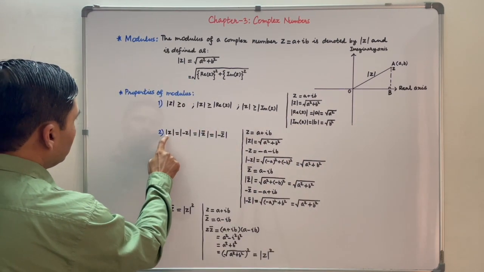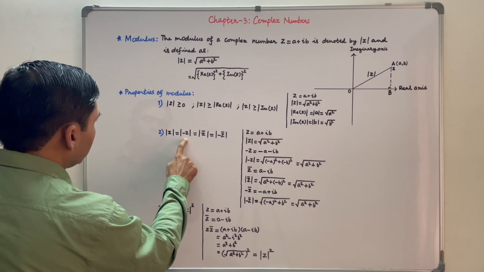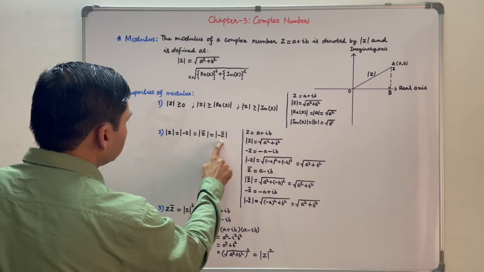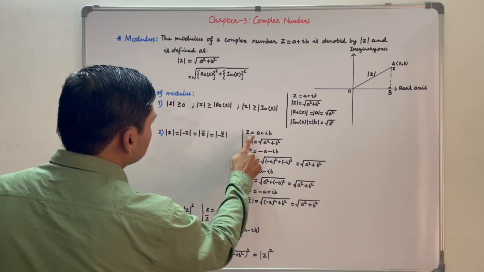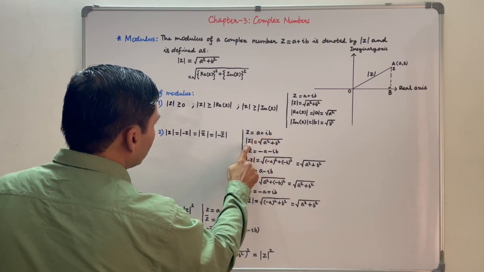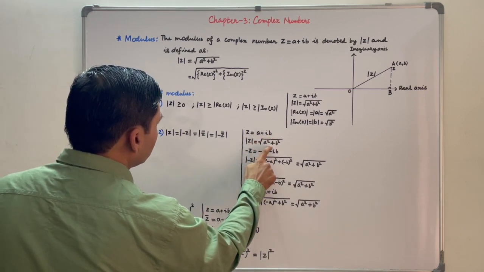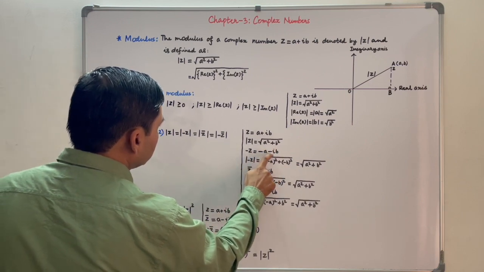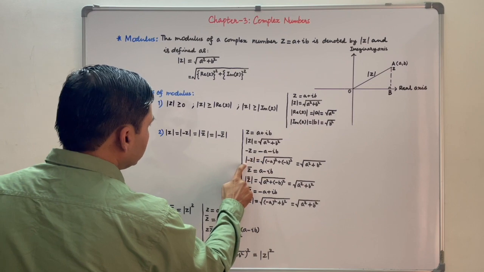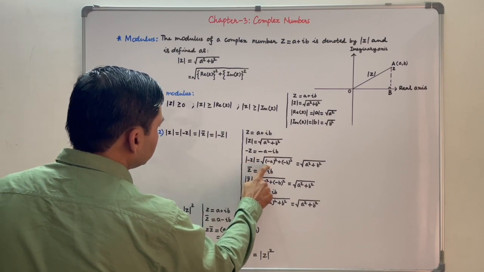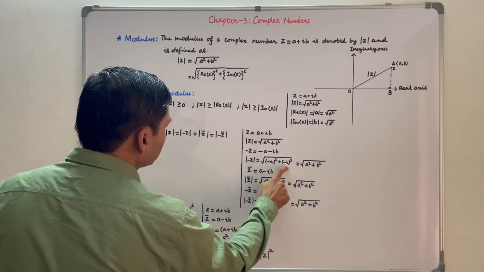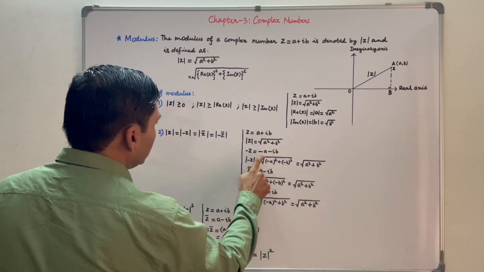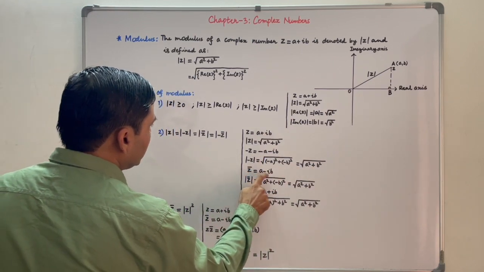Second property, mod z is equal to mod minus z is equal to mod z bar is equal to mod minus z bar. Suppose z is equal to a plus ib. So mod z is equal to under root a square plus b square. Minus z is equal to minus a minus ib. So mod minus z is equal to under root minus a whole square plus minus b whole square, and that is equal to under root a square plus b square. Z bar is equal to a minus ib.